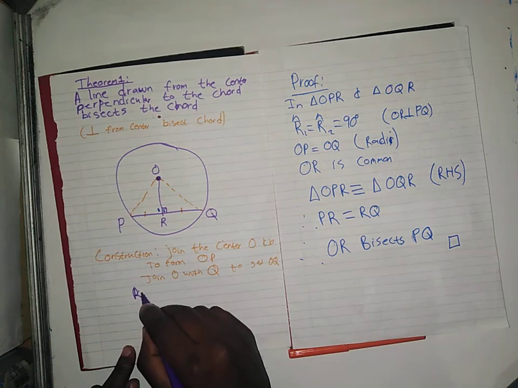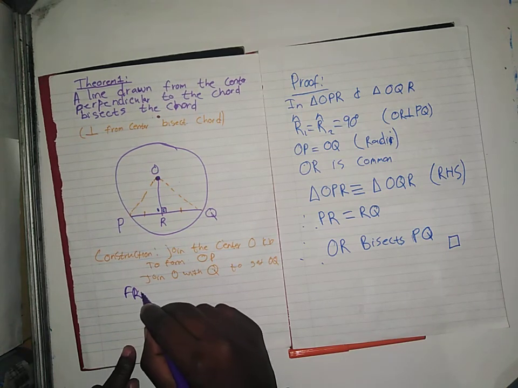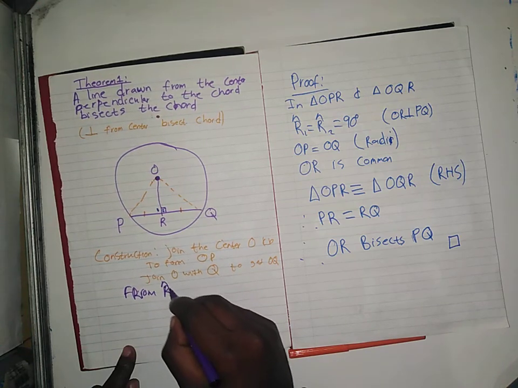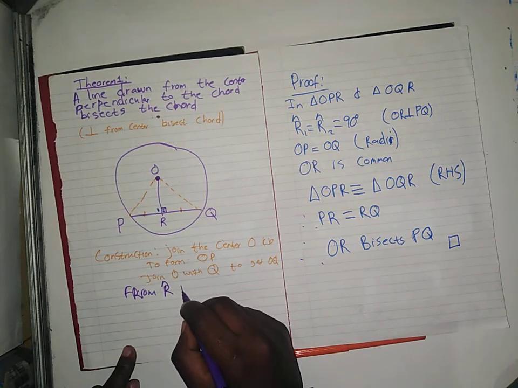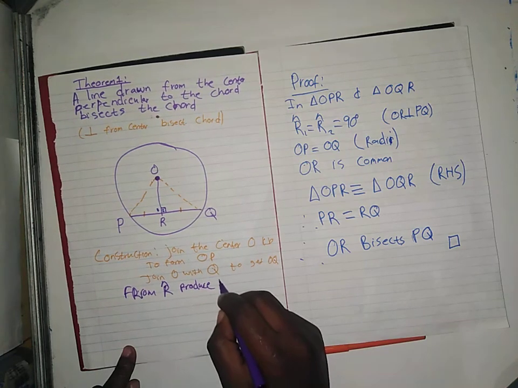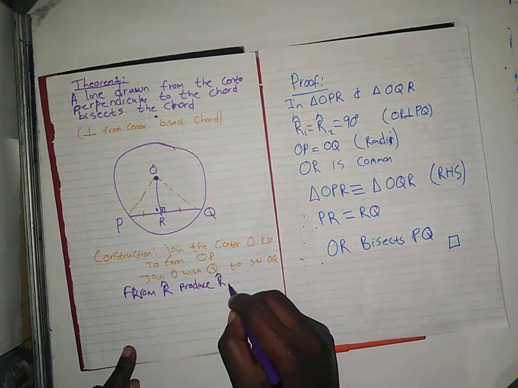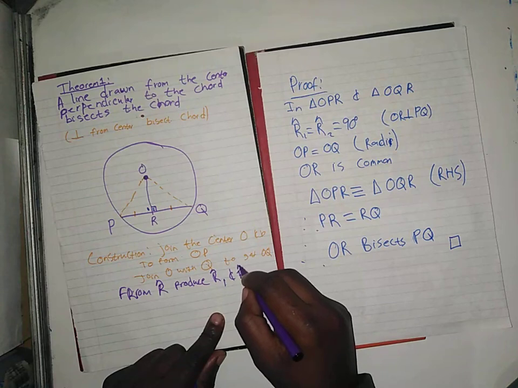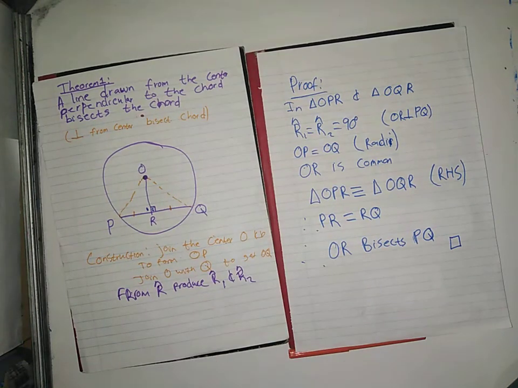From R, you produce R1 and R2. Okay, because in maths, guys, we don't just rock up and things are there. No. Things should be explained where they come from.